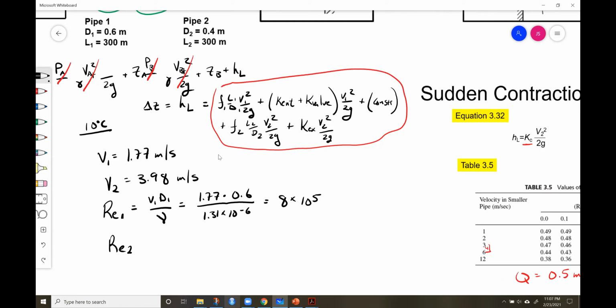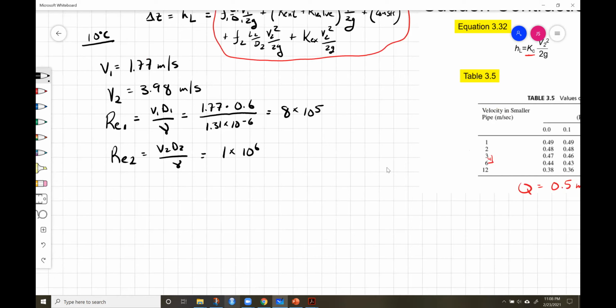Reynolds number 2 ends up being 1 times 10 to the 6th. So we can go to the Moody diagram, and I encourage you to do that just for practice.